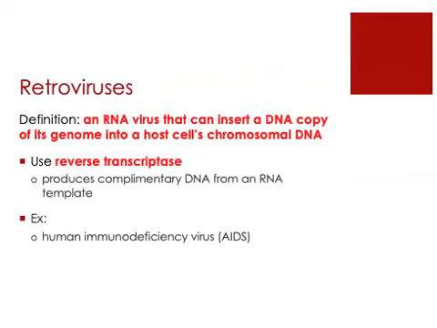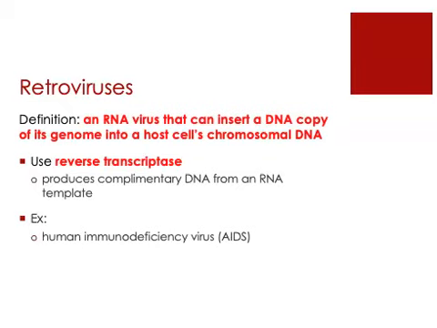There is a class of viruses called retroviruses. And by definition, a retrovirus is an RNA virus, a virus that uses RNA as its genetic material, that is capable of inserting a DNA copy of its genetic material into the host's chromosomal DNA.